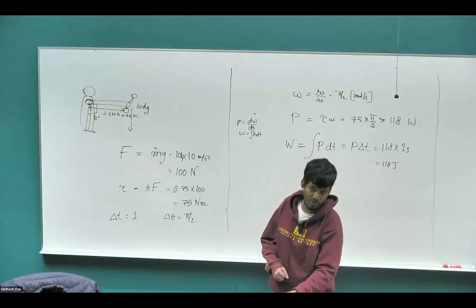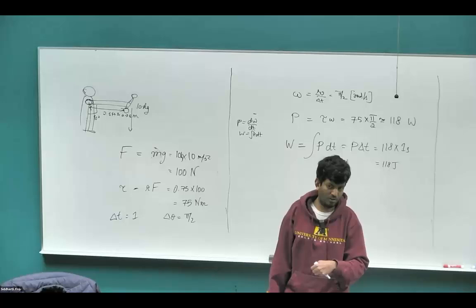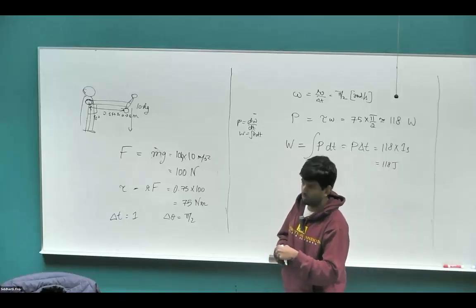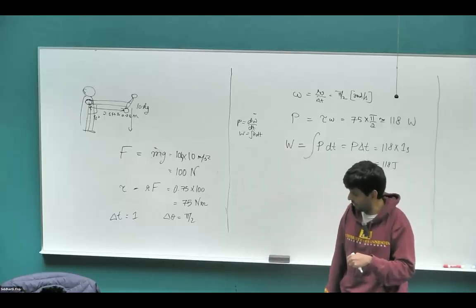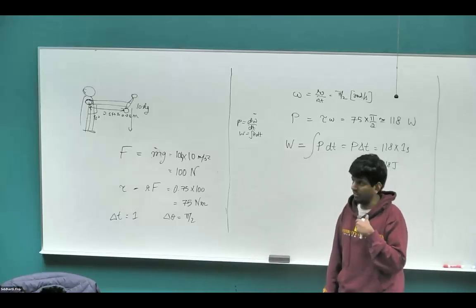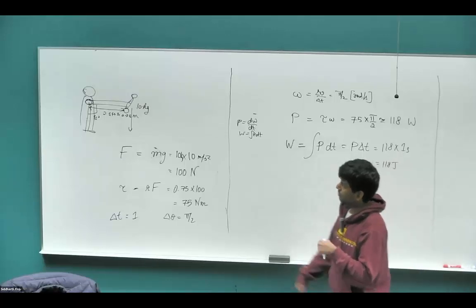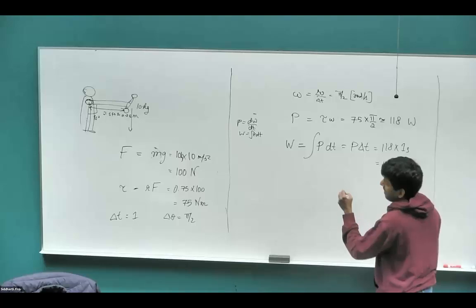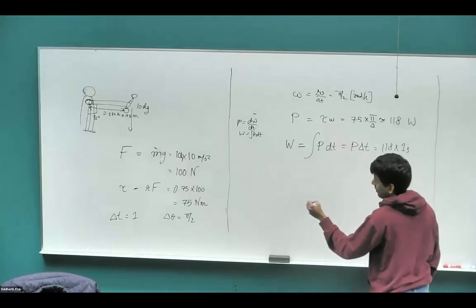There is a force pulling on my arm, but there is no rotational torque. And assuming my arm is stiff enough that it doesn't bend with the weight, there is no displacement happening. So when the weight is in this position, even though my body is expending energy, it is not getting transferred to the weight that I'm holding. So we have to be careful when we do this.